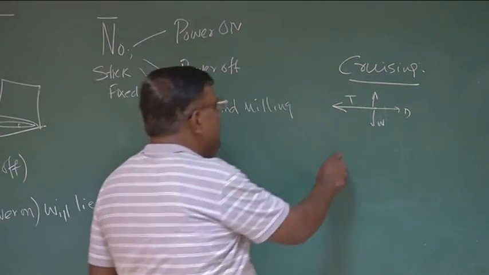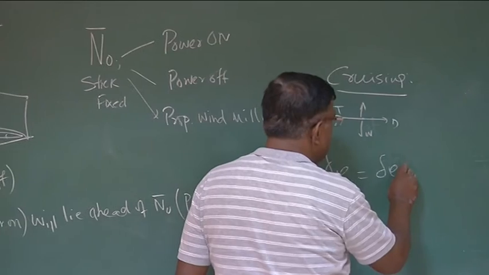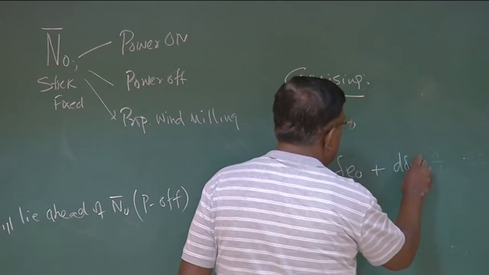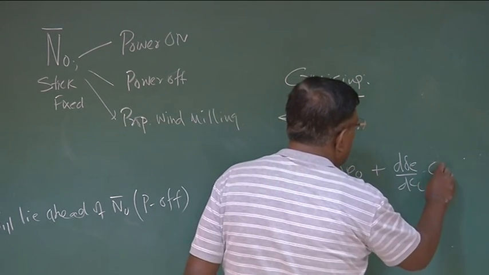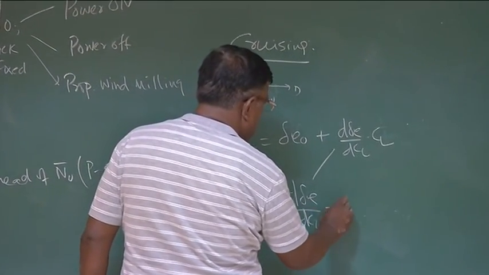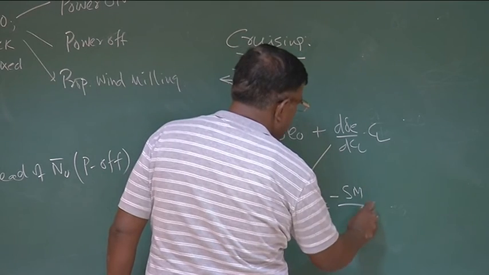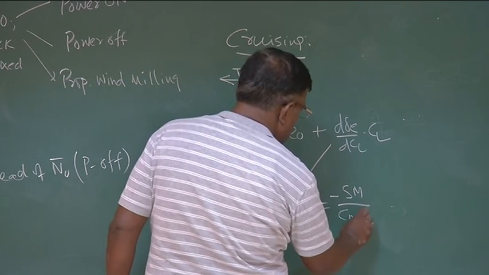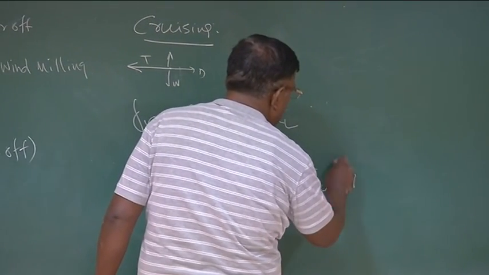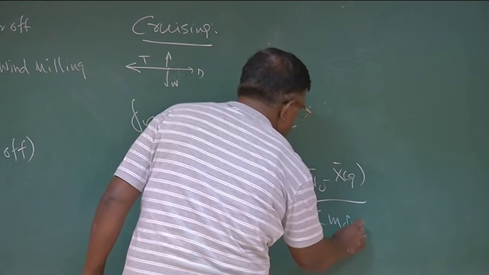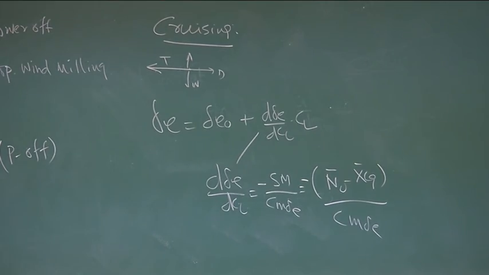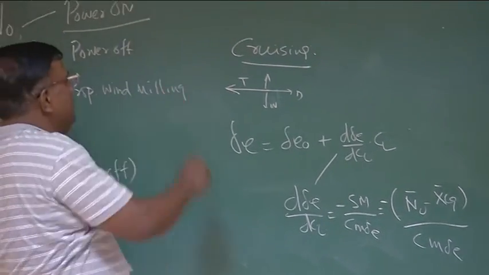Now if I want to calculate delta E, d delta E by dCl is minus static margin by Cm delta E, which is minus N naught bar minus xcg bar by Cm delta E. So if it is cruising, since thrust is on, I should use power on N naught.